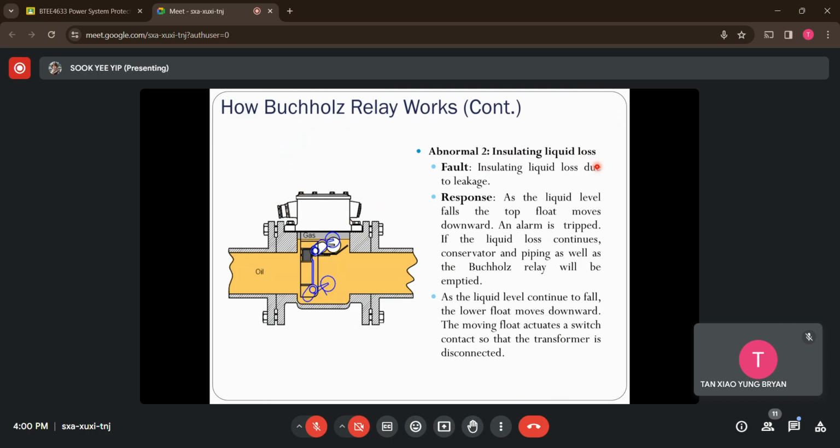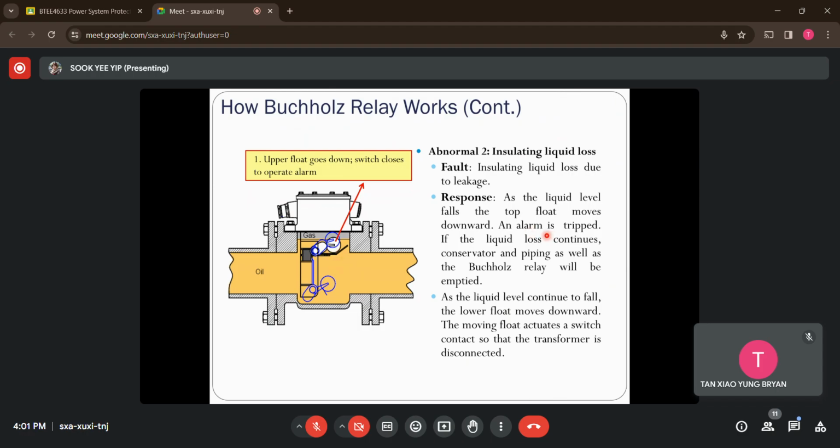Of course, whenever we have tank damage for the transformer, the oil will leak out. So the oil level will reduce, lower compared to the normal level. Firstly, it will cause the upper float to go down and turn on the upper switch, so it will alert the operator.